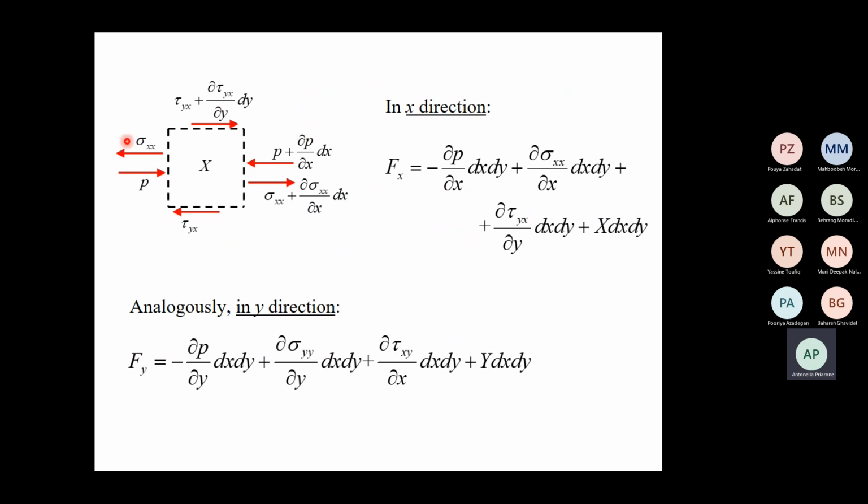Then, for normal stress, I have opposite direction with respect to the pressure for the coordinate x. For the coordinate x plus dx, I have to add the derivative in x.